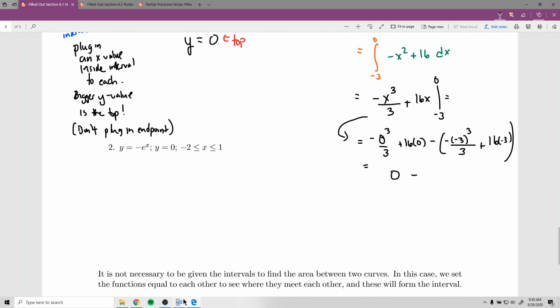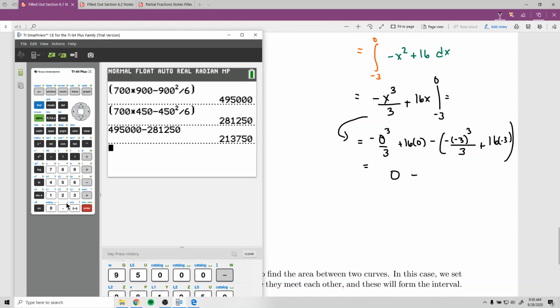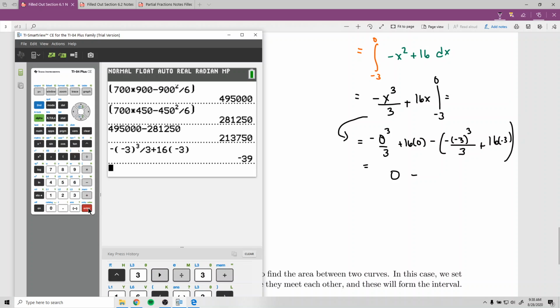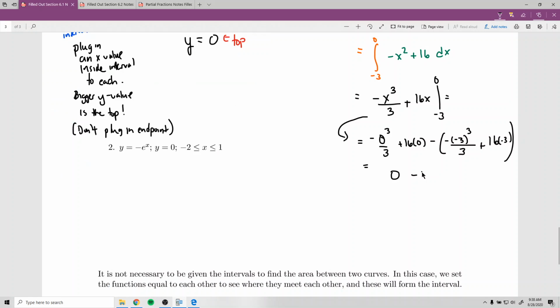And what does the inside become? We got a negative, then negative 3 cubed divided by 3 plus 16 times negative 3, and we get negative 39. Now remember, that is the inside, so it's not just minus 39, it's minus negative 39. And then the double minus becomes a plus, and we get our final answer of 39.